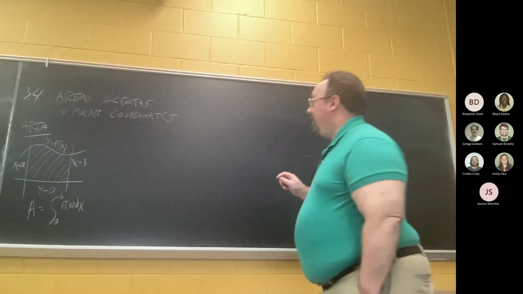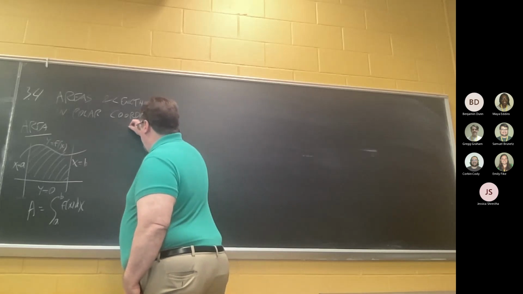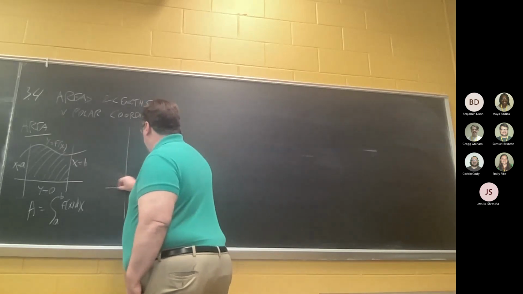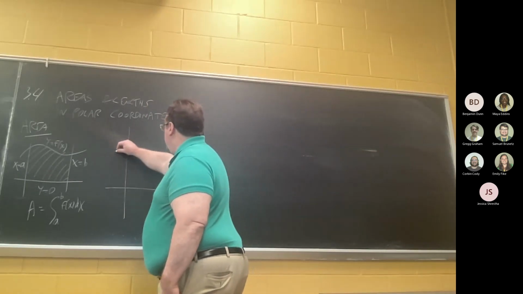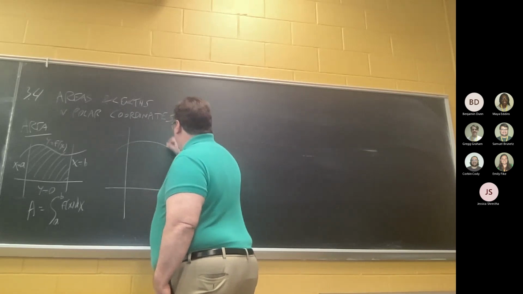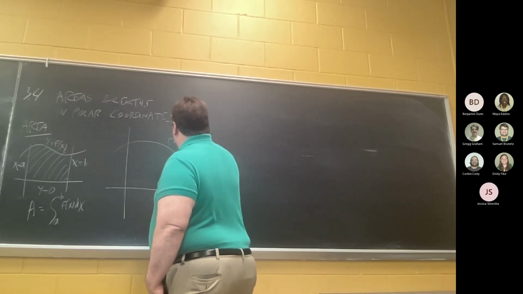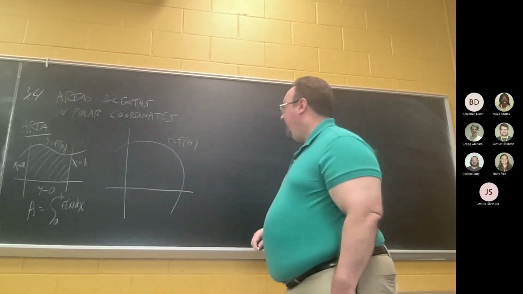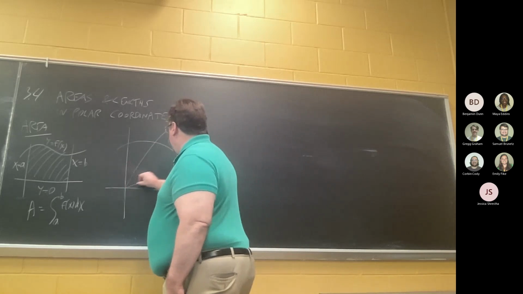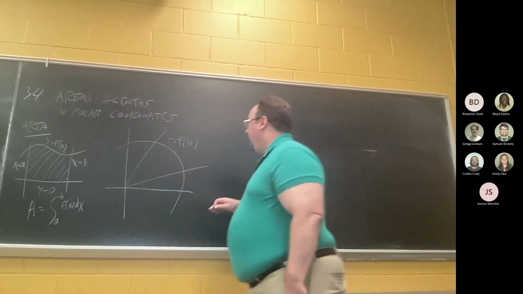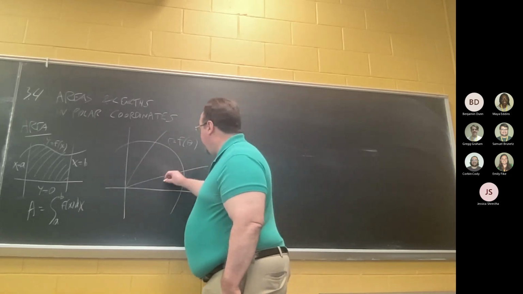Now, by contrast, what I'm going to show you today is, suppose we have a region defined by a polar curve, polar equation, r is equal to f of theta, and you want the area of a region bounded by f of theta and two particular theta values, rays corresponding to two theta values.